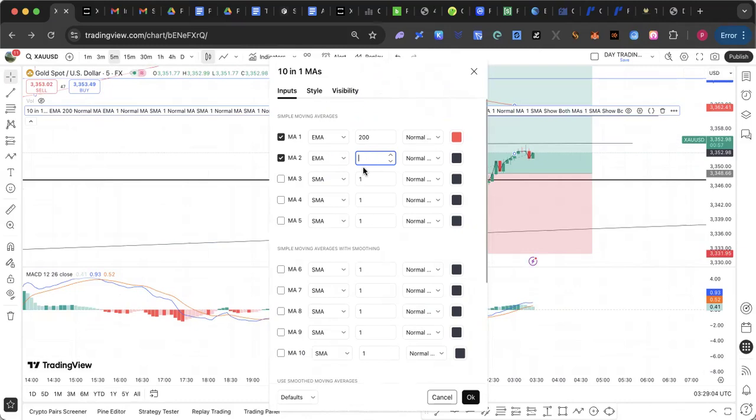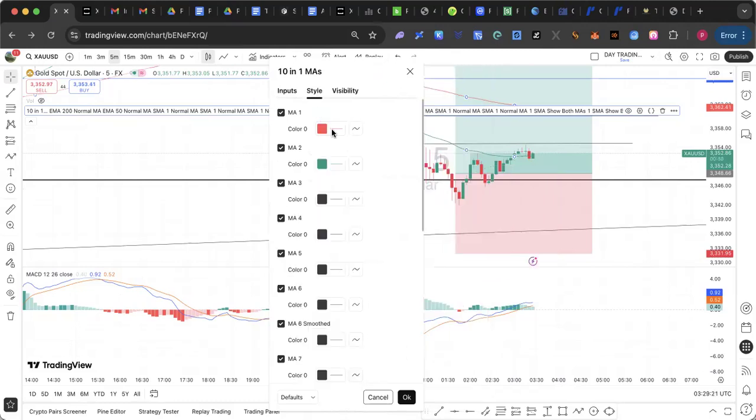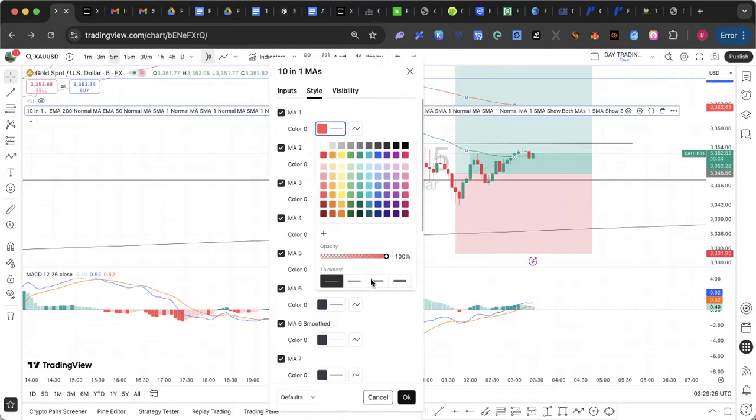So put this one as 50. And perhaps normal, and of course change this one to green sometime, or blue, whichever color you prefer. So you go to style and then make this one thicker, probably maybe a third, just make it thicker.